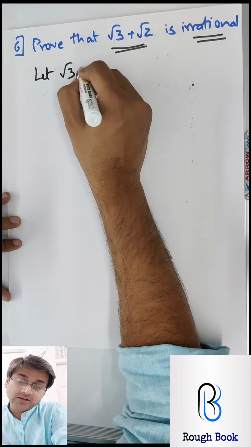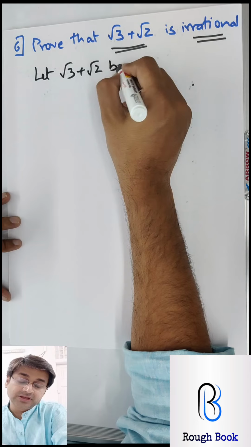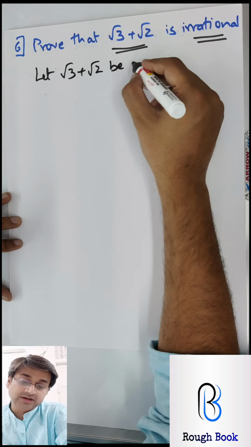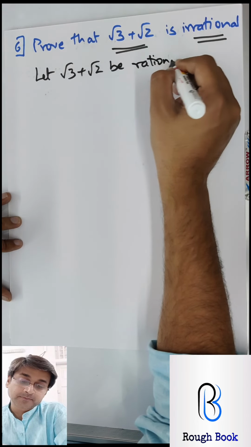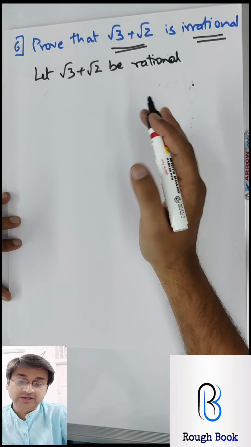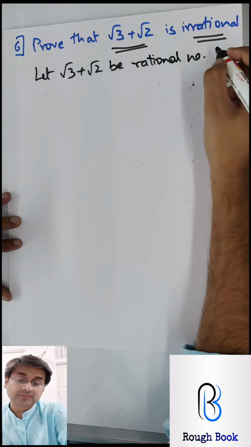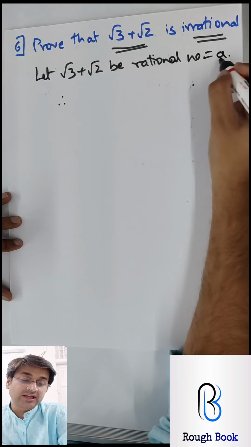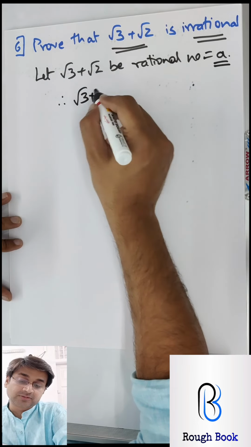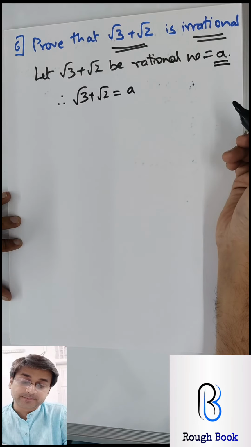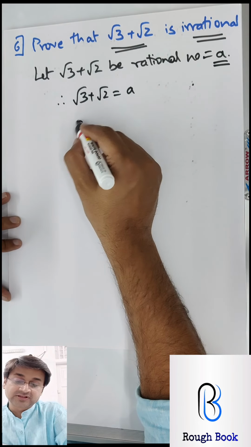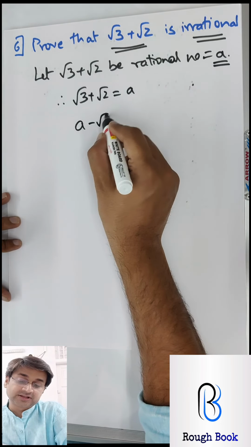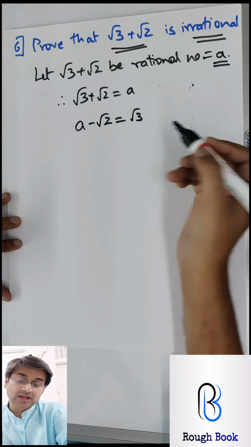Let root 3 plus root 2 be rational. So we are assuming it be a rational number which is equal to a. So we are calling a as a rational number. So root 3 plus root 2 is equal to a. Now what I can do is I will say a and pushing root 2 on the other side is equal to root 3.